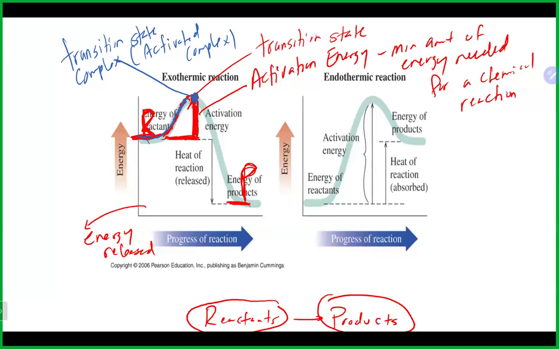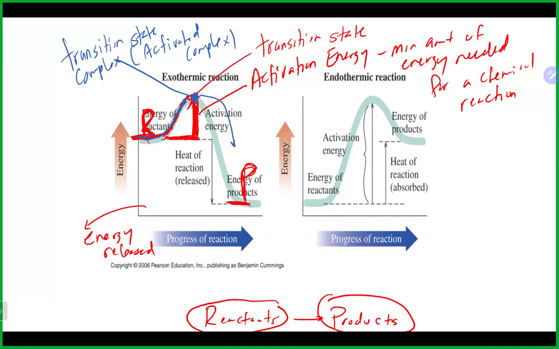And you can imagine if you have something that has some bonds that are sort of broken and some bonds that are sort of made, that's very transitional and not a very stable type of thing. So that's why we see it very high in energy here on our diagram. And typically speaking, that transition state complex will drop down to the other side relatively quickly at that point and make your products.